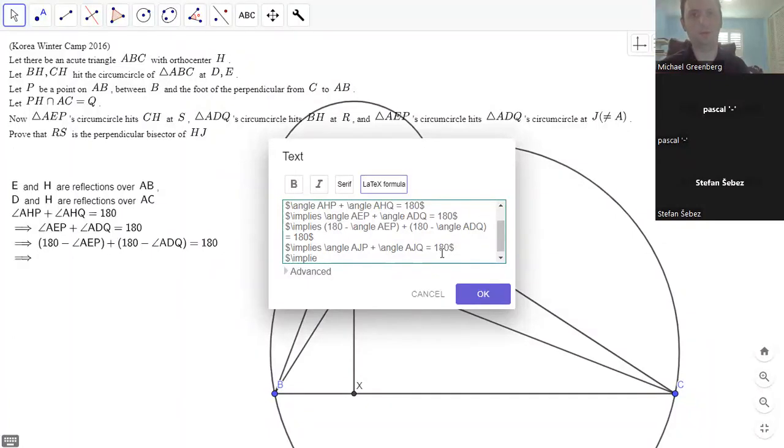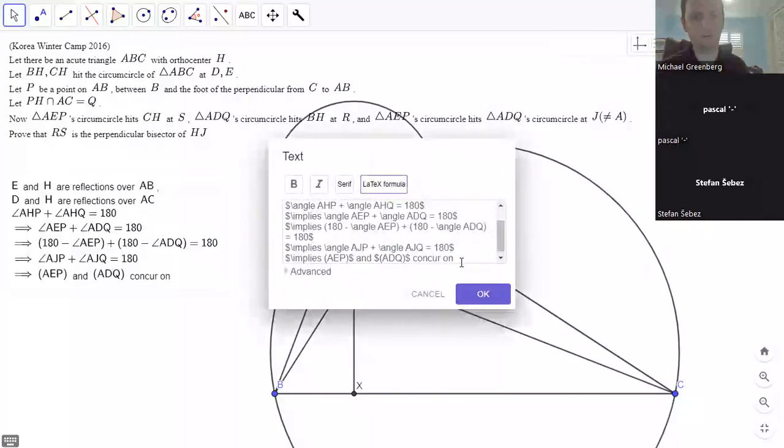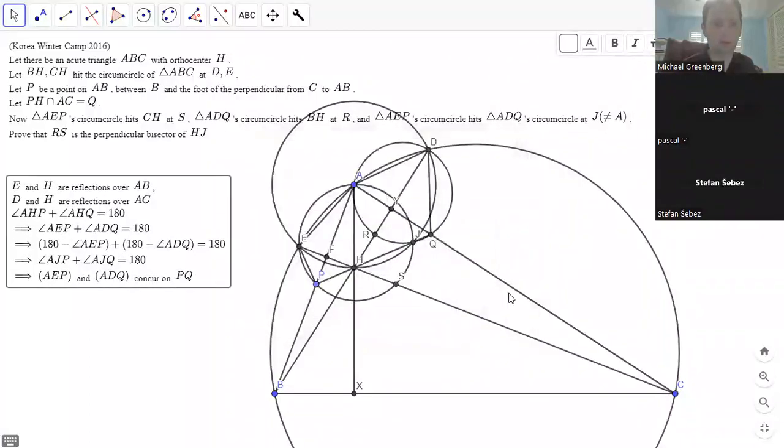And that implies those circles, AEP and ADQ, concur on, I think it's PQ, right? Yeah.